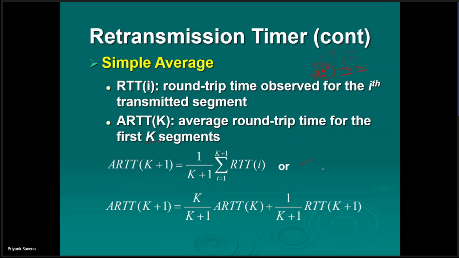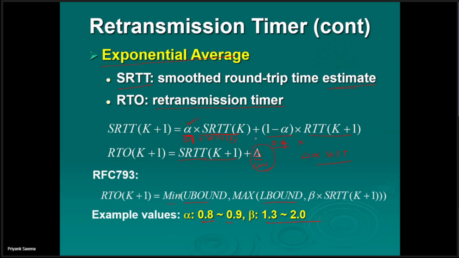You are assigning more weightage to the most recently transmitted segment, RTT(K+1), the average round trip time, and less weightage to the older ones. So 1 minus 0.8 is what? 0.2, right? So like that.